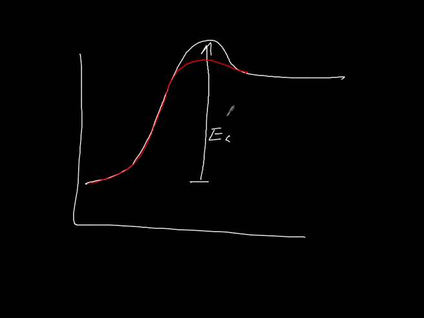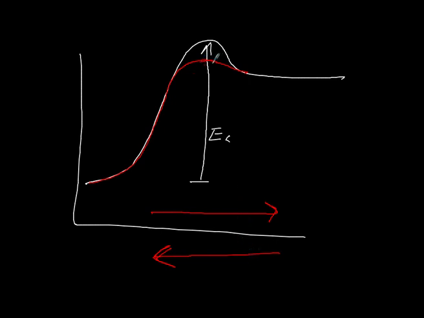Now, the one thing I wanted to add to it is that the forward reaction and the reverse reaction, you can make reactions reversible. The catalyst, not the activation energy, the presence of a catalyst affects the activation energy of the forward reaction, and it affects the activation energy of the reverse reaction.